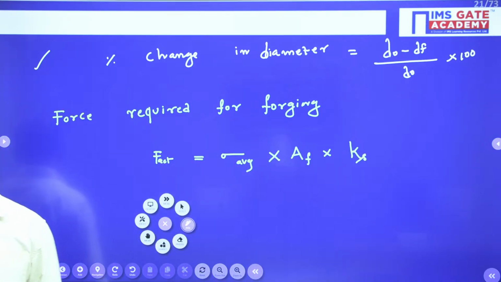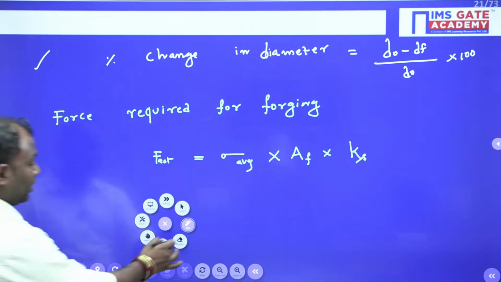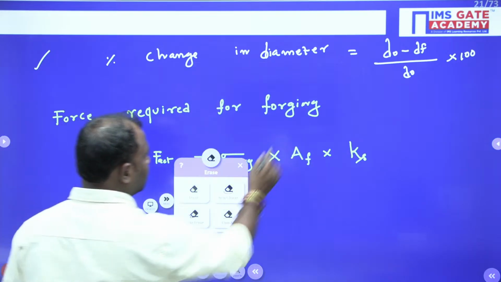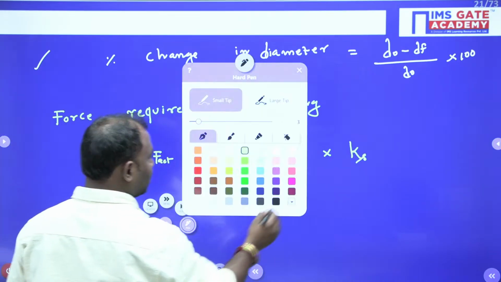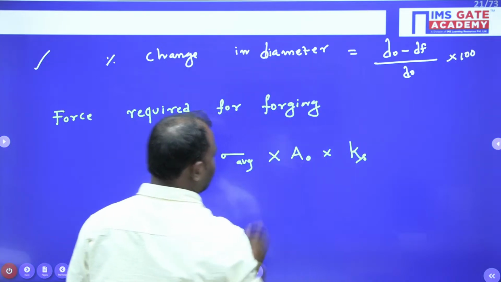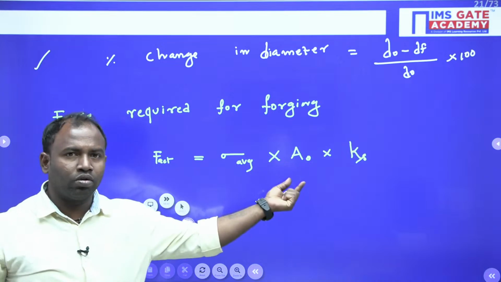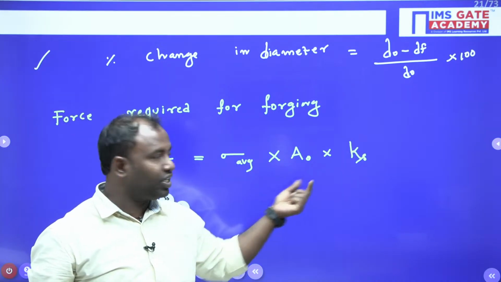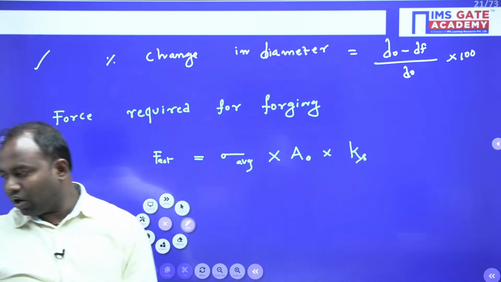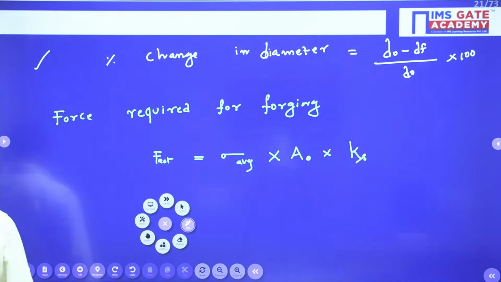By using this formula we can calculate, sorry, here it is the initial cross section area. So sigma average stress into area of cross section initial and then Ks. Here Ks is a friction factor.